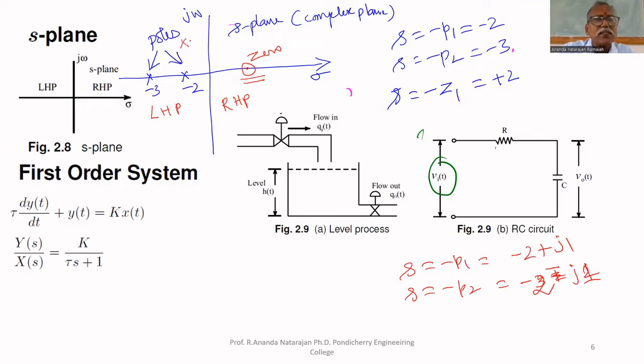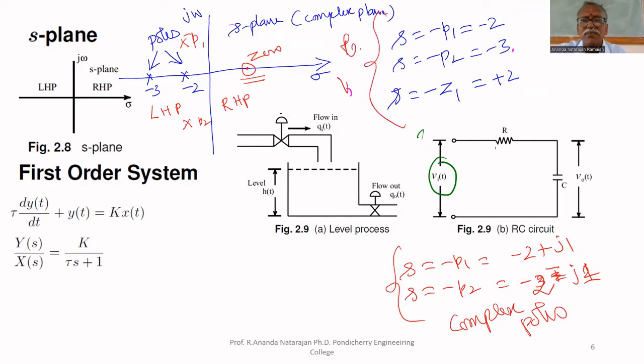So minus 2 plus j1 will be here, this is P1, and minus j will be here, P2. So it may be complex roots, complex poles also. Here P1 and P2 are called complex poles. Here the poles are real poles, only the real part alone is there, that's why they are called real poles.